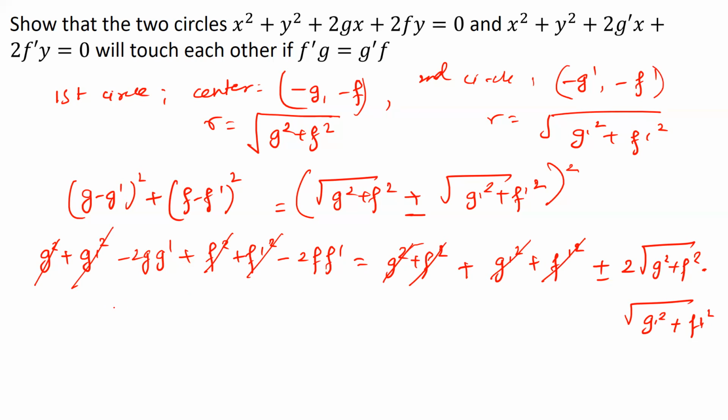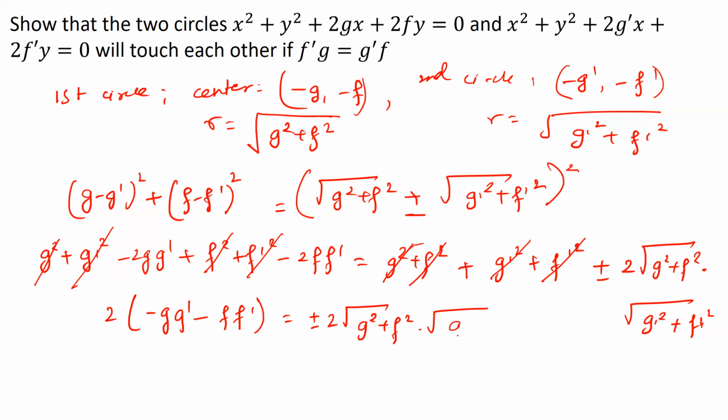What we are left with is, and even 2 can be taken common and cancelled. So if we take 2 common, we get minus g dash minus f dash is equal to plus minus 2 root over g square plus f square times root over g dash square plus f dash square, and 2 cancels out. All I need to do is just square it once more and then figure out what's happening.